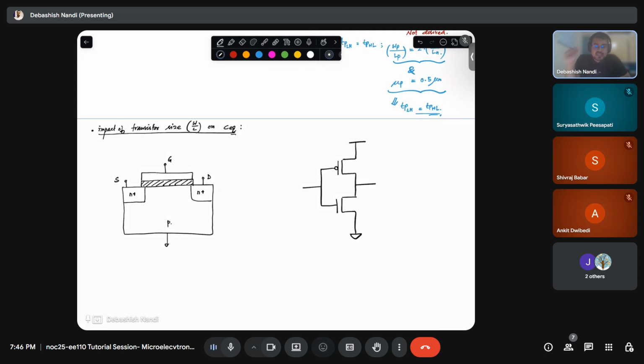So what are the capacitances you can see in the MOSFET? There will be an oxide capacitance. Let me draw the 3D view to better understand what is going on.